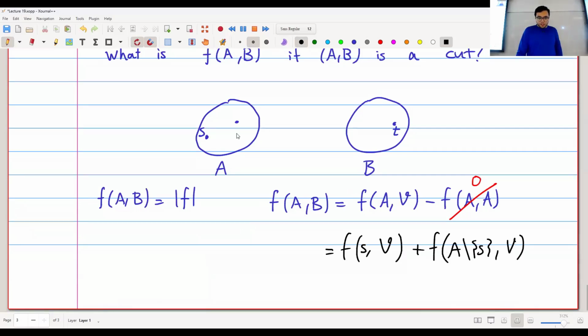So let's say I have a bunch of vertices here. The vertices here are not T because T is in B. They're also not S because I'm saying look at A minus S. So for every vertex here, the sum of inflow is the same as the sum of outflow. So the flow from any vertex, let's call it a, to all the other vertices is 0, right? So f(a,V) is 0.